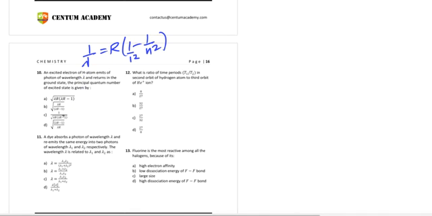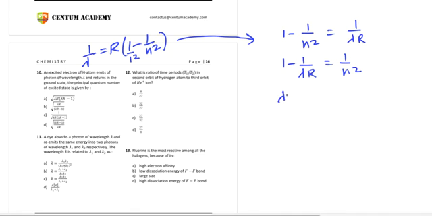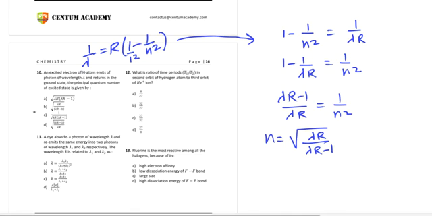R is the Rydberg constant, in the options also. If I solve this, 1 - 1/n² is equal to 1/(lambda R). So 1 - 1/(lambda R) is equal to 1/n². So (lambda R - 1)/(lambda R) is equal to 1/n². So n should be equal to lambda R upon lambda R minus 1. So the correct answer will be B.